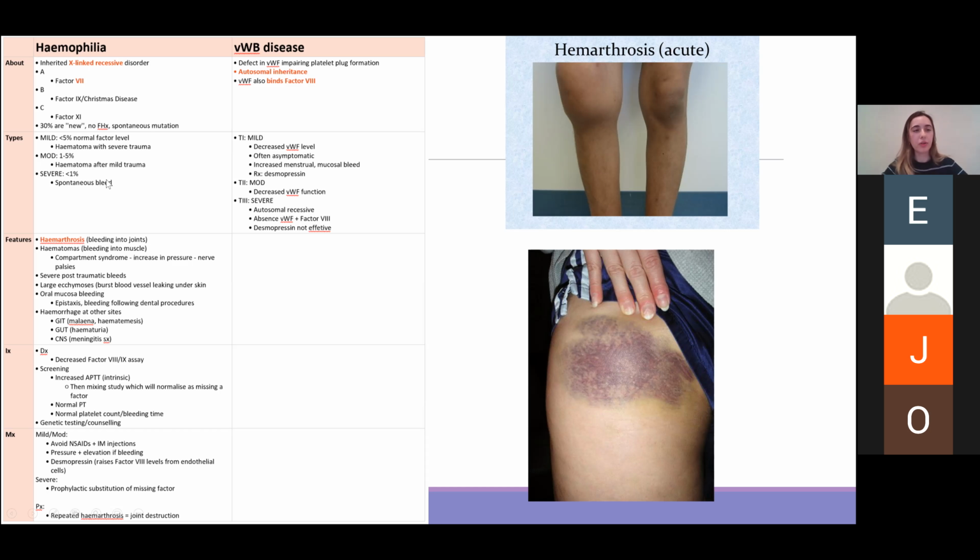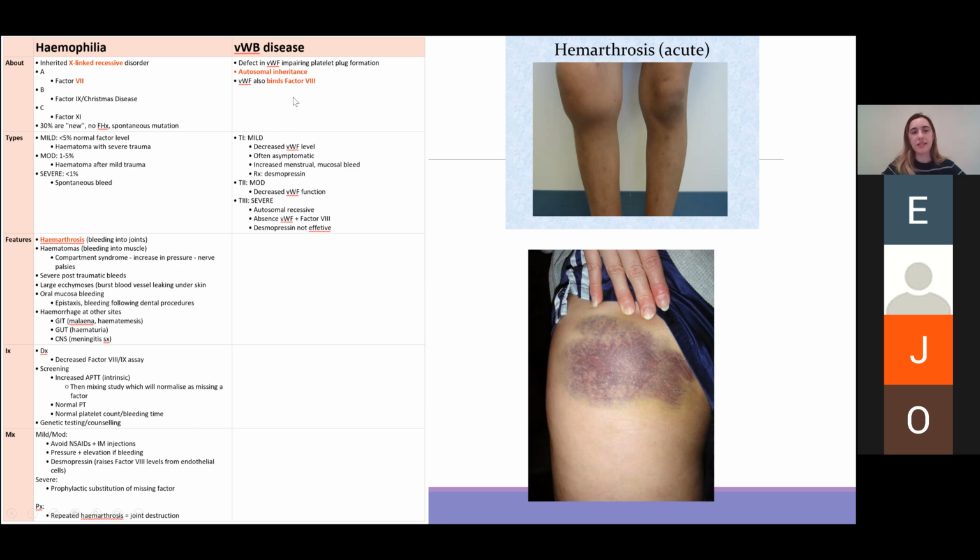The body is really good at compensating, so you have to get to less than 1% to get the severe form of hemophilia. The features are bleeding into joints, which is a real giveaway, as well as severe bleeding after an injury. And you've got your investigations and management for that one.